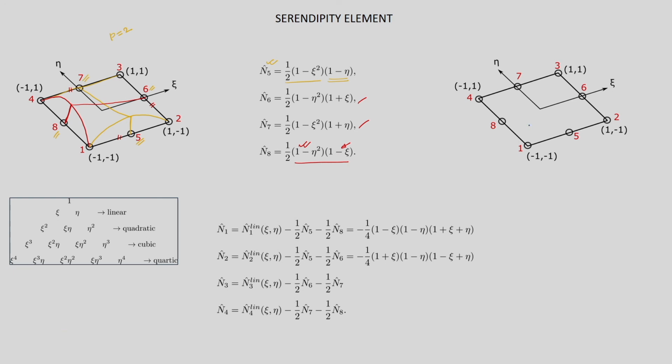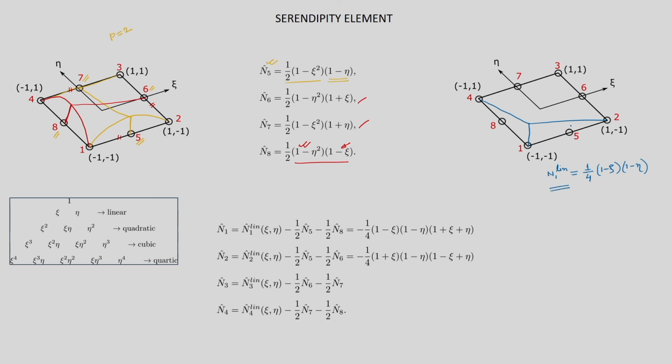First we will say that the bilinear shape function for this quadrilateral element looks like this, and we will term this N1 linear. We know that the definition of N1 linear was (1 minus xi) into (1 minus eta), because it varies to 0 at xi equal to 1 and eta equal to 1, and it is 1 at node 1. So, this we are defining as N1 linear.